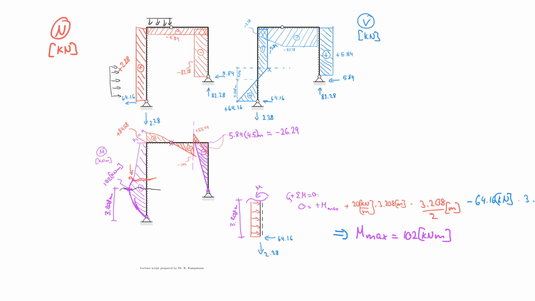So with that said, I think we now understand how to calculate frames that have right corners and that have a hinge, right? So the hinge was the starting point that challenged us because we now had to understand that we can solve the support reactions in a very specific way.